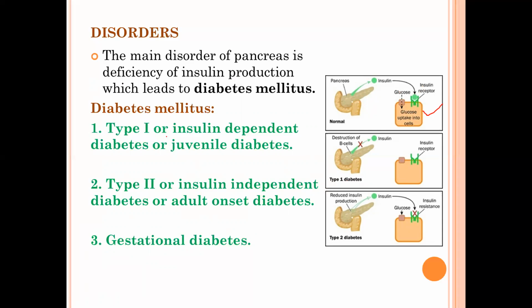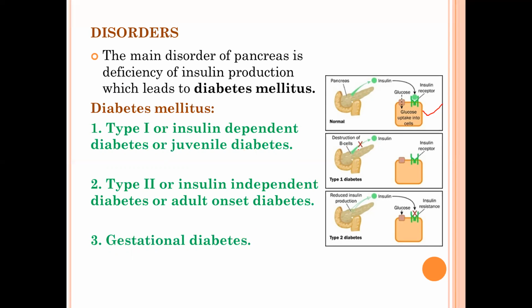Whereas in diabetes, there are three different types we generally see: type 1 diabetes, type 2 diabetes, and gestational diabetes. Type 1 diabetes is also called insulin dependent diabetes or juvenile diabetes, generally seen at lower ages. It's a genetic disorder. If there is any problem with the beta cells, a decrease in the number of beta cells or destruction of beta cells, or any mutation leading to not forming insulin, then what happens?